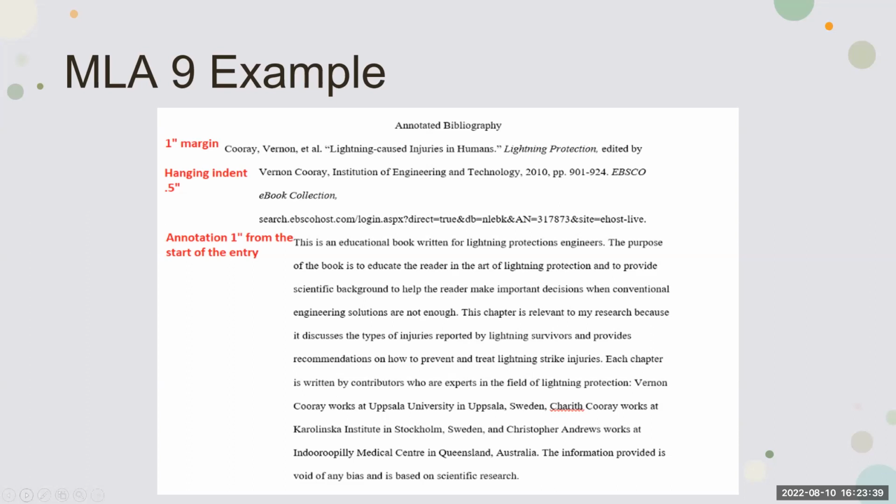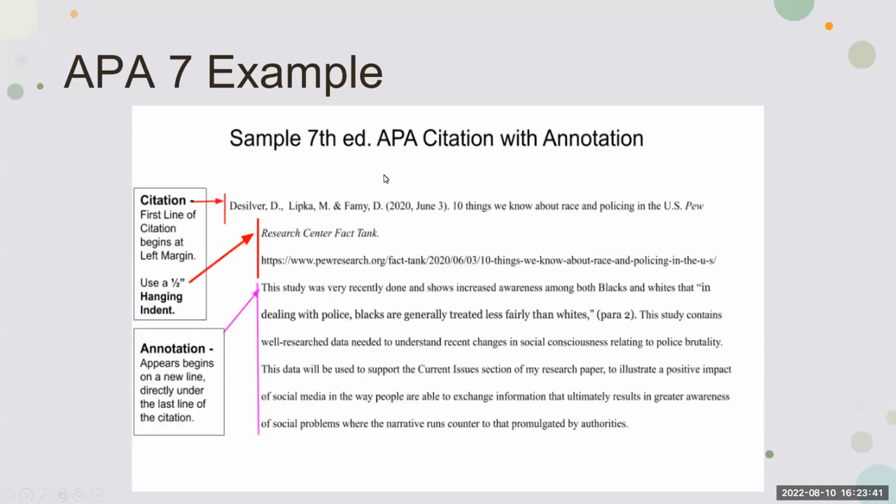All right, let's look at this as an APA 7. Okay, so in the APA 7, same thing. You're going to cite it the same way you would in APA style. Last name, comma, first initial. Last name, comma, first initial.